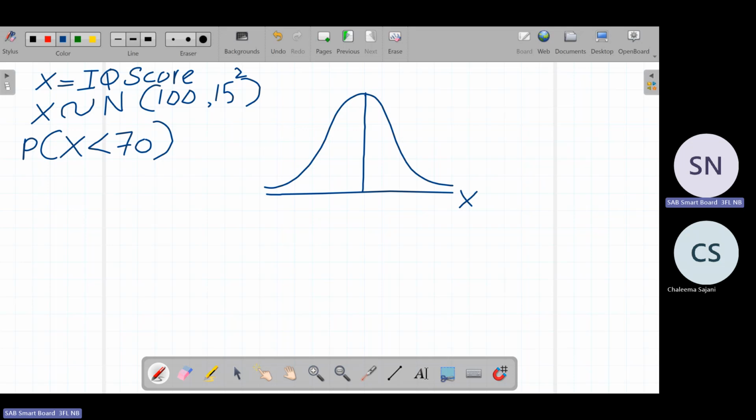Which central tendency measurement is given? Mean value. What is the mean value? 100. It means this middle point, the X value, is 100. Why? The central point represents the central tendency measurement. This question gave the mean value, so mean equals 100 means the middle point is 100. Understood?